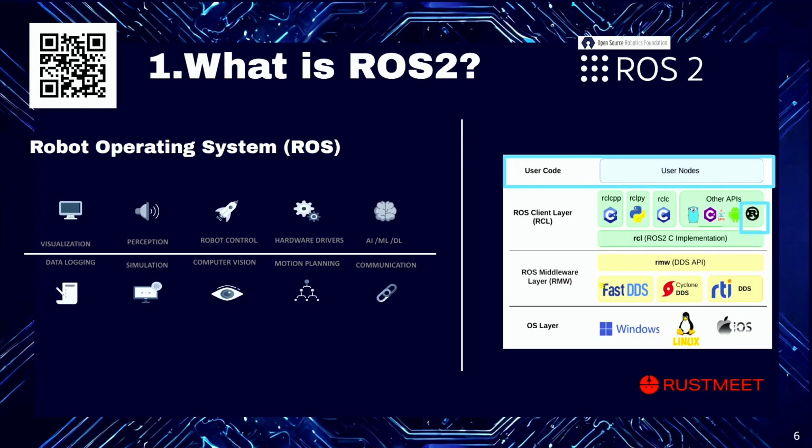On top of this, a ROS client layer has been developed. Until now, most people were using C++ and Python, but now there is the capability to work with Rust. So what we're going to see today in this talk is how to develop custom applications using the ROS client library written in Rust. Okay?